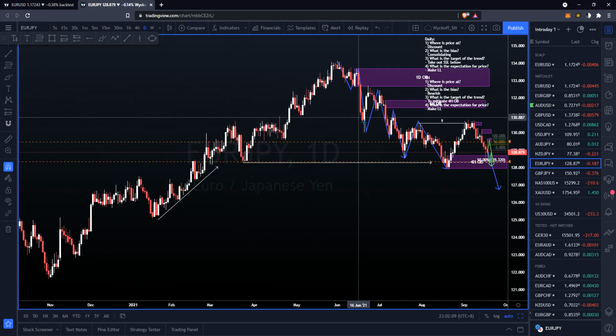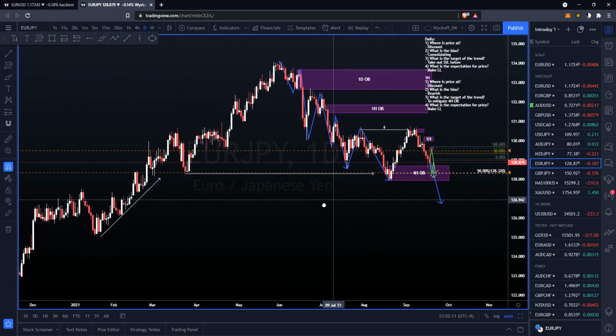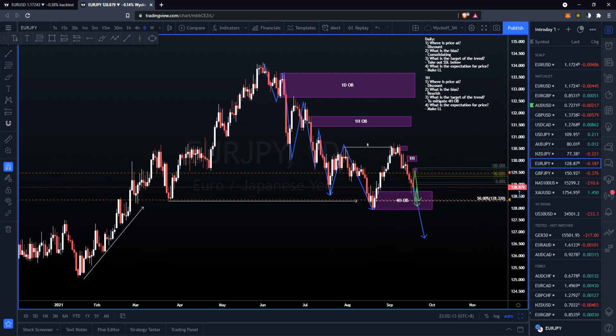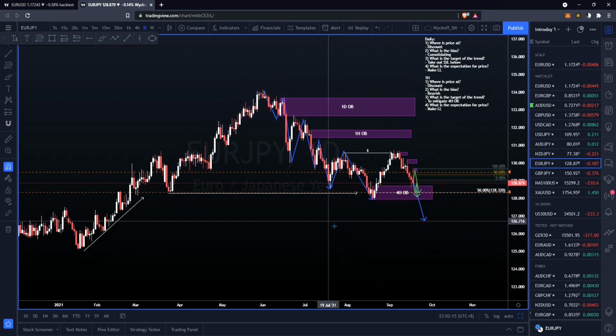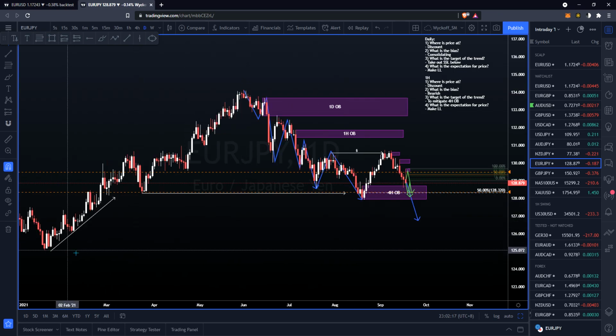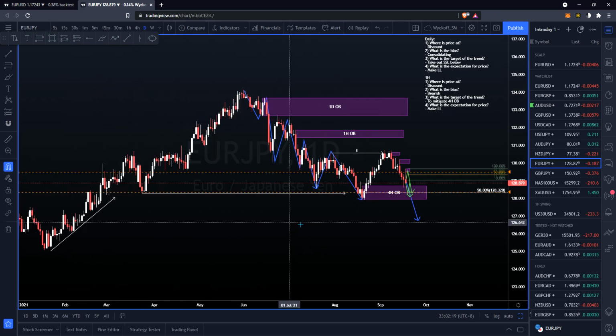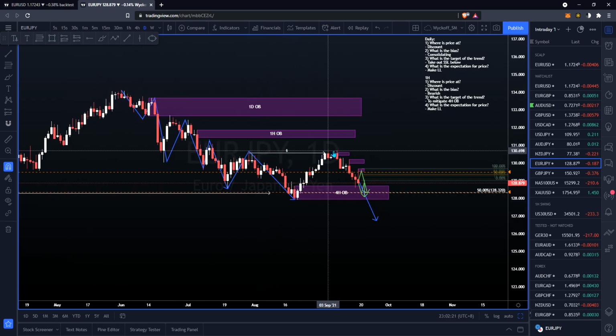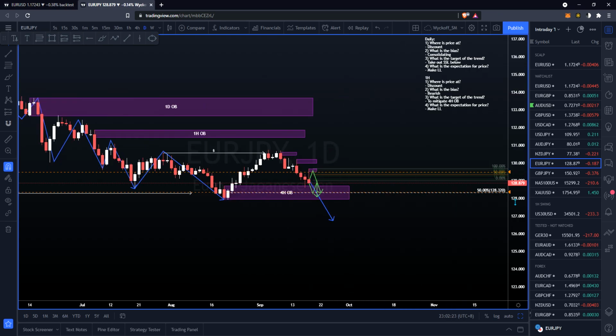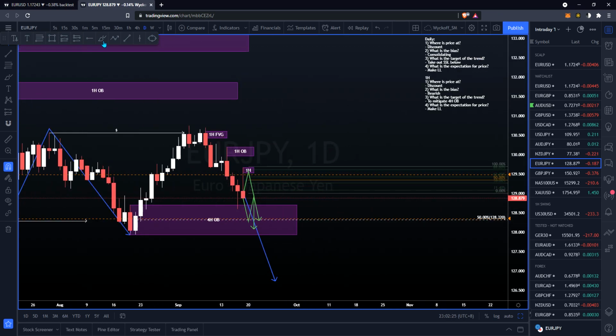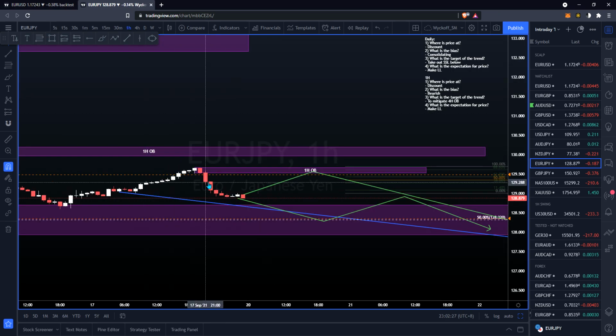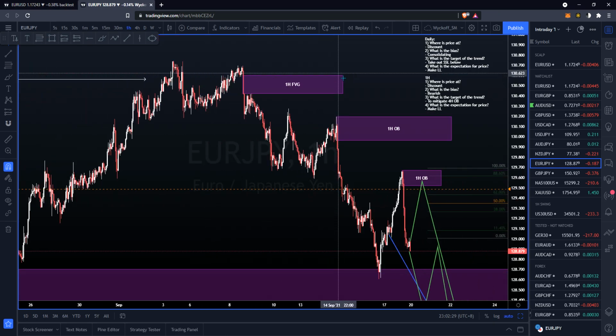Next we have EJ. EJ is a similar situation to the previous two. So sell side liquidity over here, but we do not really have any equal highs. Actually, we do have relative equal highs over here.